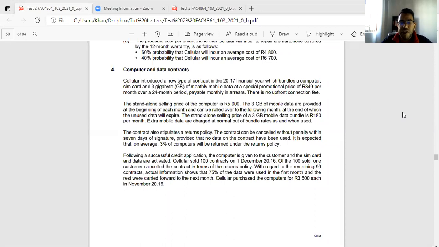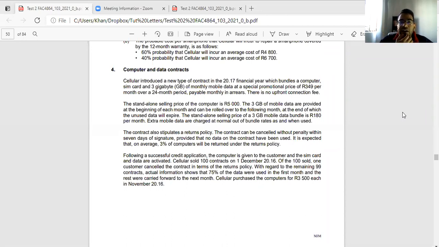Whereas for the data, you're receiving the data on 1 January, while the consideration is received on 31 January. Okay, so there is a timing difference between when the promised goods or services are transferred versus when the cash consideration is being received. However, you can conclude that that timing difference is not significant.